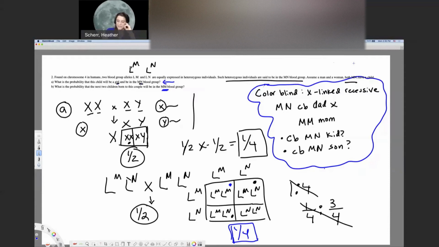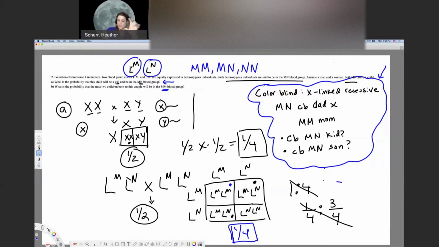Yeah. Okay. So Caitlin, hello. We're just doing this problem right now about an X-linked inheritance as well as a codominant. So basically we're looking at the MN blood group. So there's 3 different types, just like A, B, O kind of thing. But in this case, we call it these types of blood, MM, MN, and NN. These are the 2 alleles.